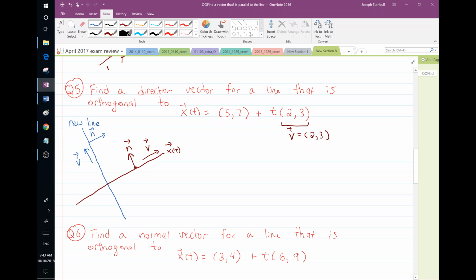Now I can jump back and label the first line components. N we get by flipping. So we get -3, +2. That's one potential normal vector that we could use. Now we're looking for the direction vector for the second line.